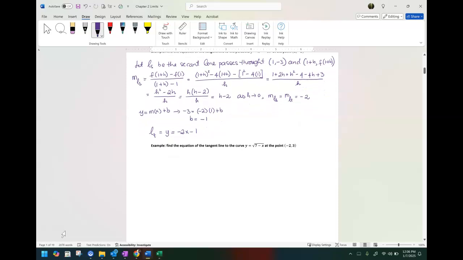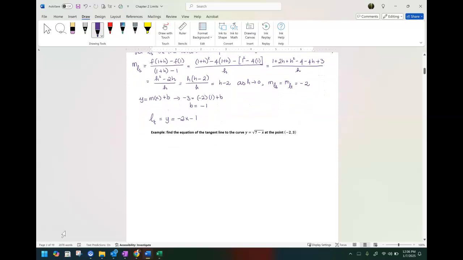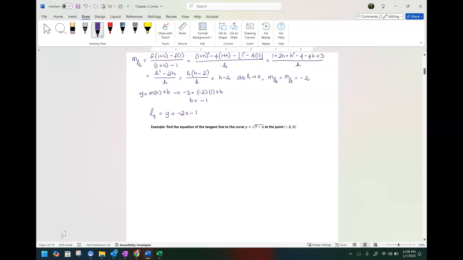We use the same procedure to find the equation of the tangent line to the curve y equals square root of 7 minus x at the point (negative 2, 3). So let L of x be the secant line that passes through (negative 2, 3) and (negative 2 plus h, f of negative 2 plus h).